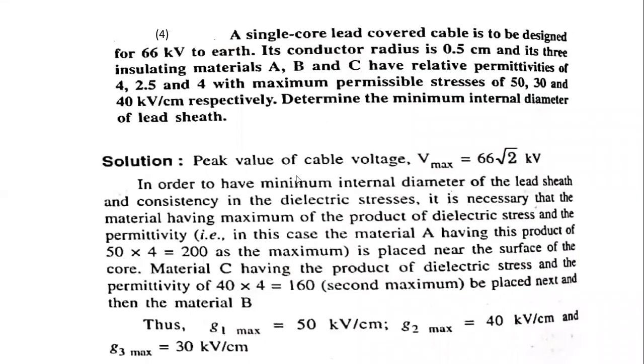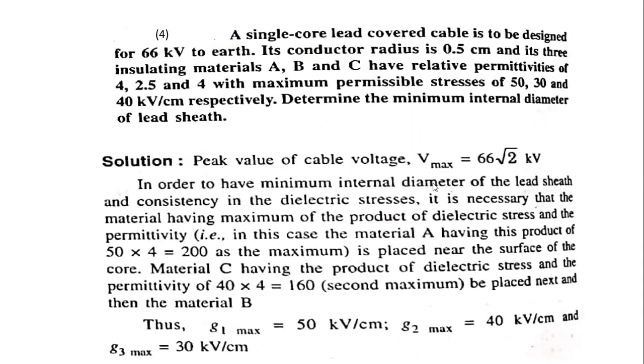First of all, what is the peak value of the maximum stress? The single core cable is to be designed for 66 kilovolts. Therefore, we calculate the peak value from the RMS value, that is Vmax is equal to 66 by root 2.